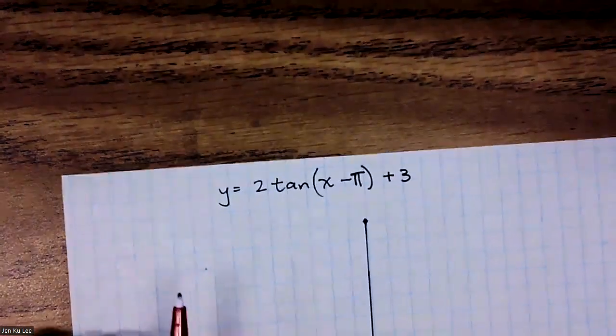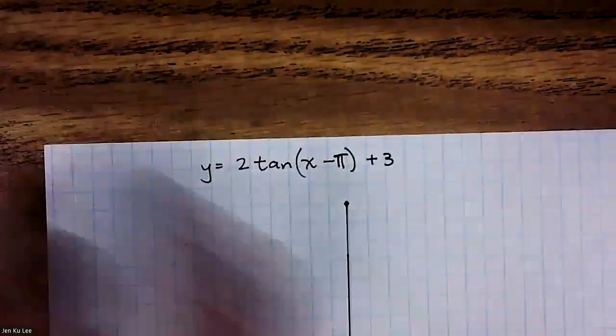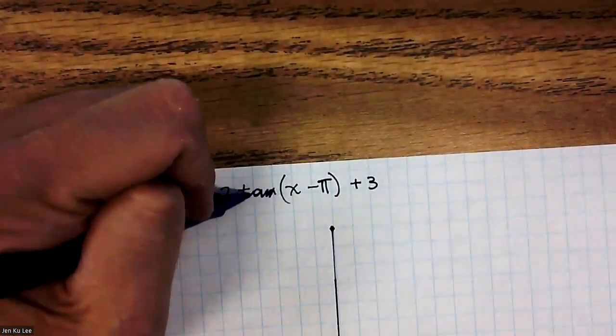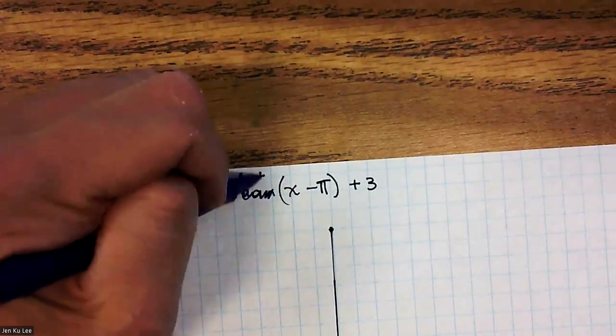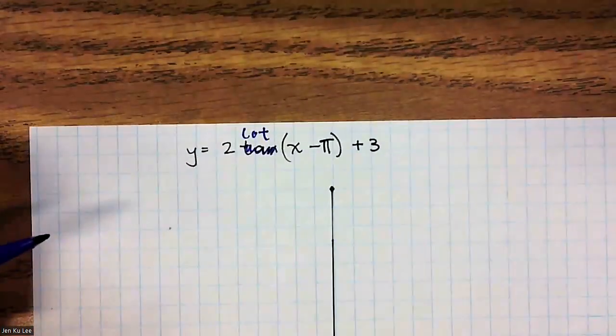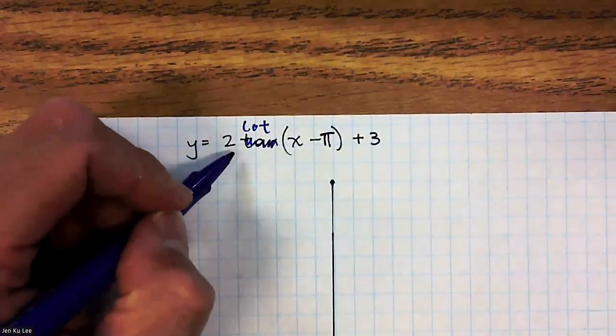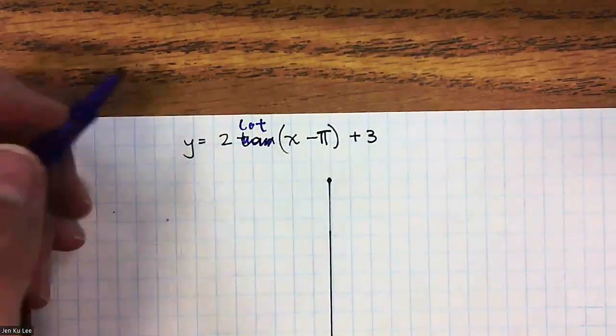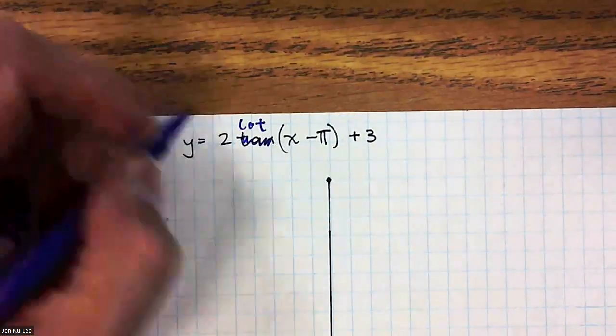Let's do this one here. I want to change this into cotangent, just so that we can practice both. y equals 2 cotangent of x minus pi plus 3.